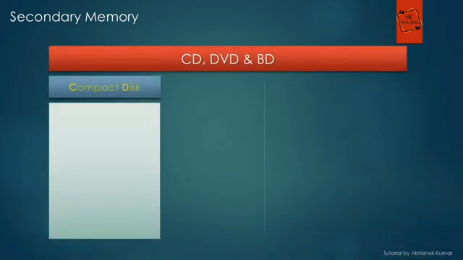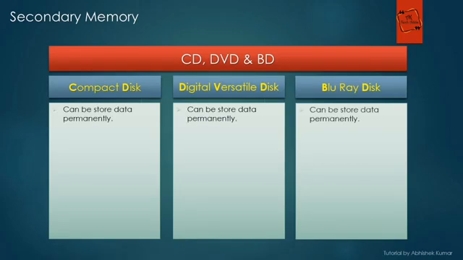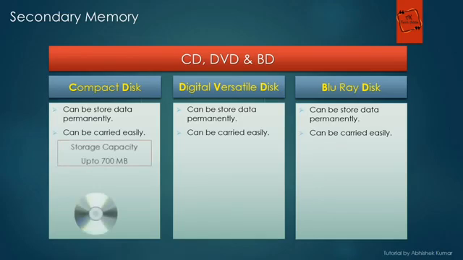Next we have CD, DVD and BD. Let me explain you by differentiating all these three. CD stands for compact disc, DVD stands for digital versatile disc, whereas BD stands for Blu-ray disc. All the three discs store data permanently. All these three are portable so that you can carry your data easily, but their storage capacity differs.